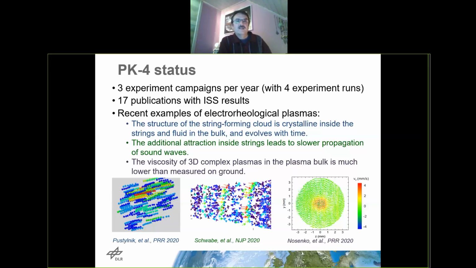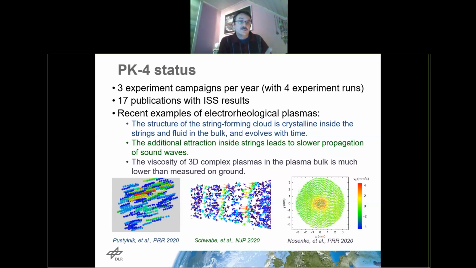Ions were flowing, passing the particles, and in the wakes, they were collected, producing positive ions. And in principle, compared to electrorheological fluids, where dipoles are formed, we can form something similar in complex plasmas. And here's a list of very recent examples, how we investigate these electrorheological plasmas.